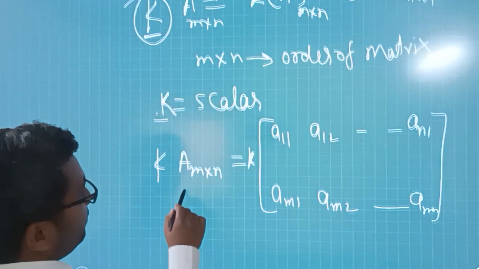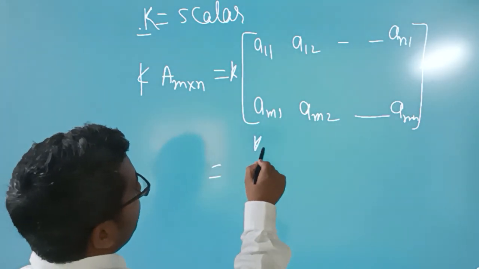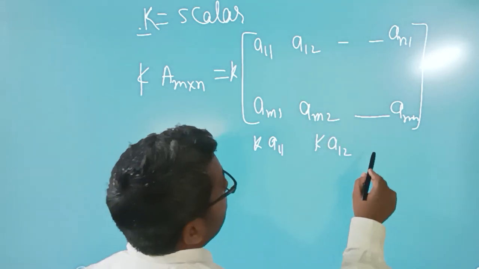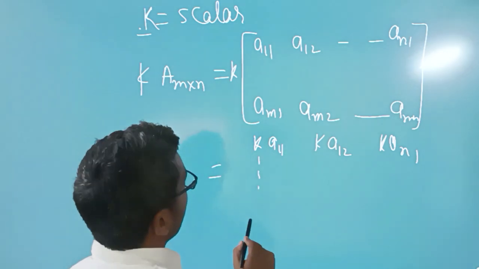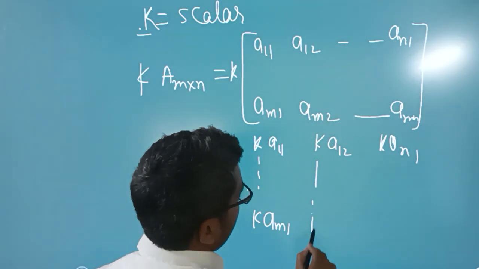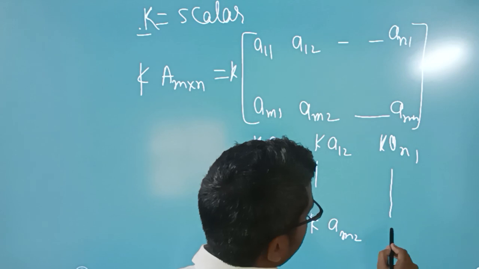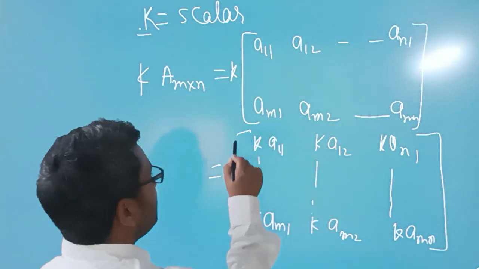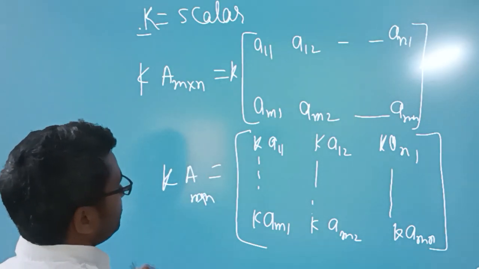So we write the scalar multiple with each element multiplied by k: kA11, kA12, up to kAmn. That is the scalar multiple of any matrix, kA of order m cross n.